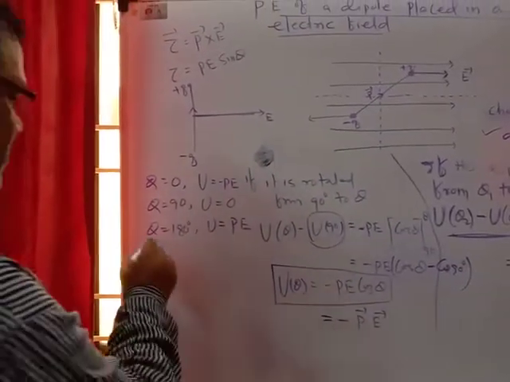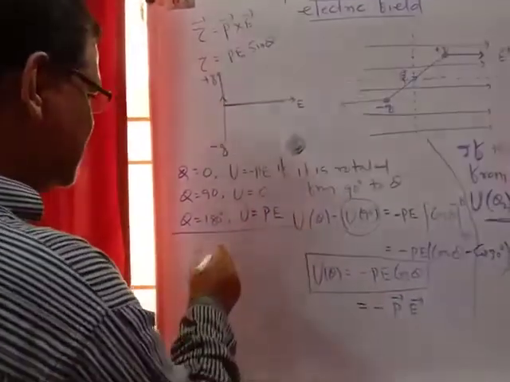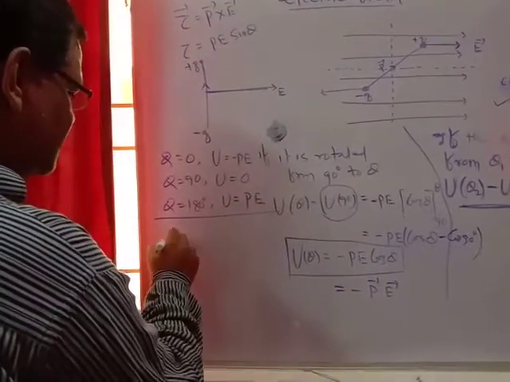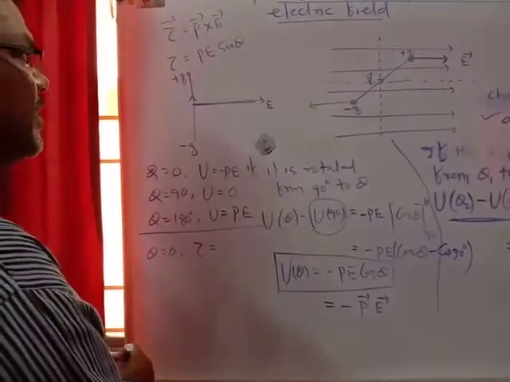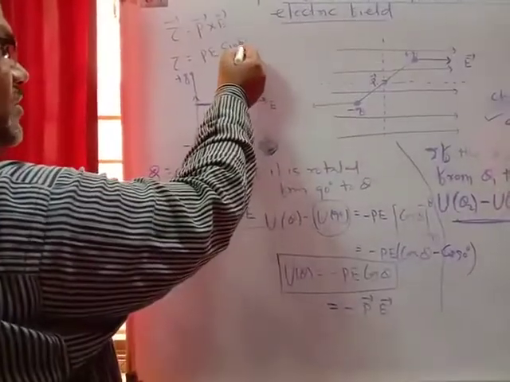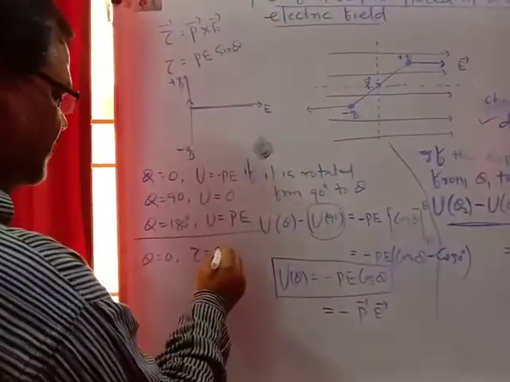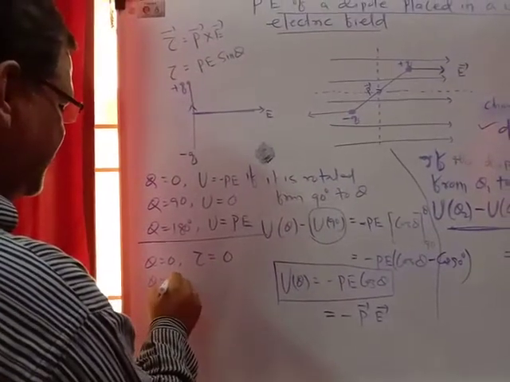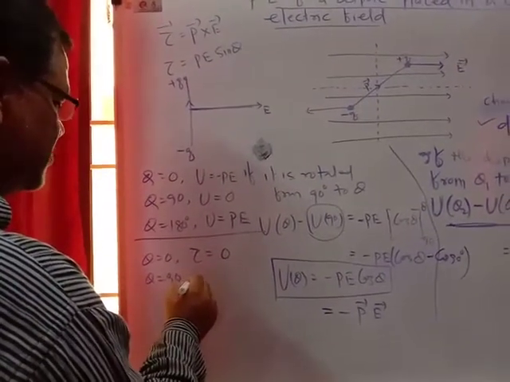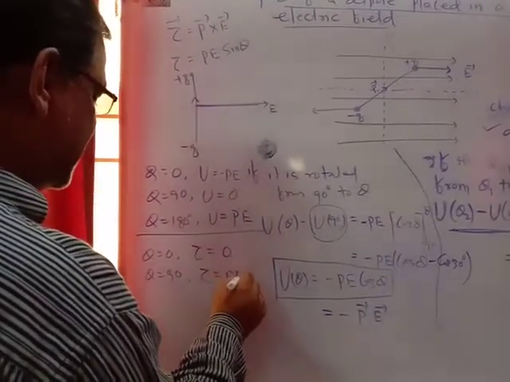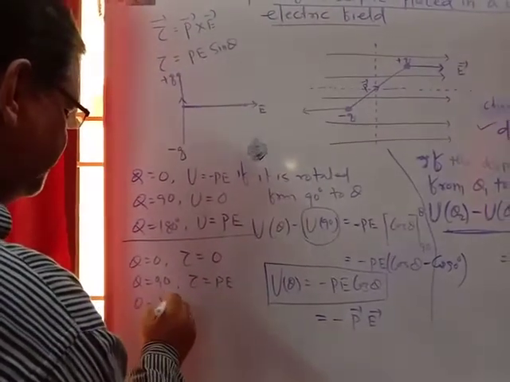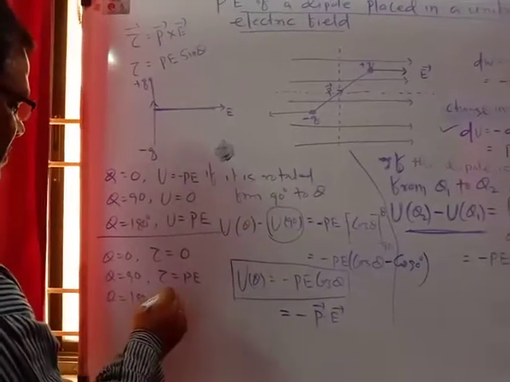And if you think about the torque also, if theta equal to 0, what was the torque? The torque was pE sin theta, theta 0 means the torque was 0. When theta equal to 90, the torque was maximum, that is pE, and when theta equal to 180, torque was also 0.